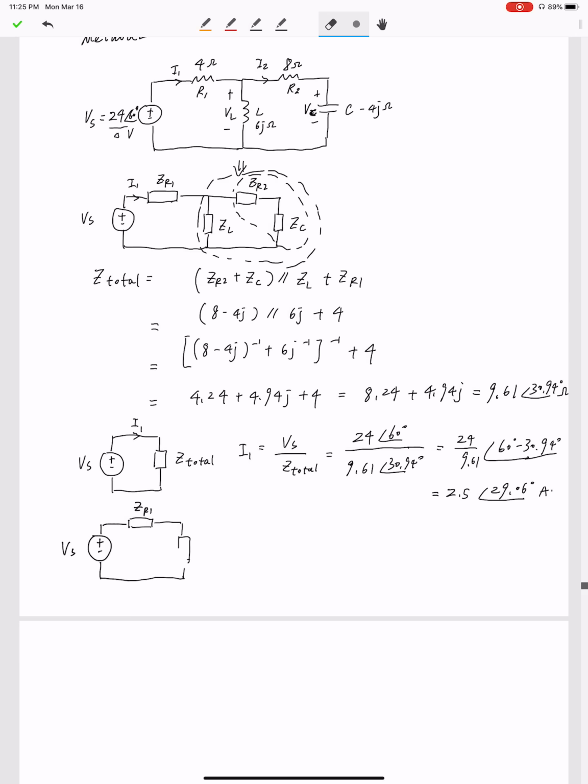Let's give it a name. Let's name it Z1. Okay, that's the combination of this circle. This is Z1, and this, let's call it Z2.